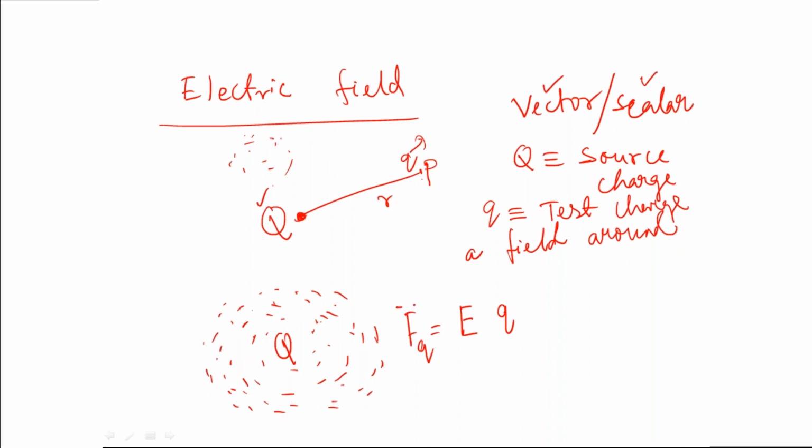Since this force is a vector quantity, the electric field can be defined as the force experienced by unit test charge. Since the force is a vector quantity, the electric field also will be a vector quantity.